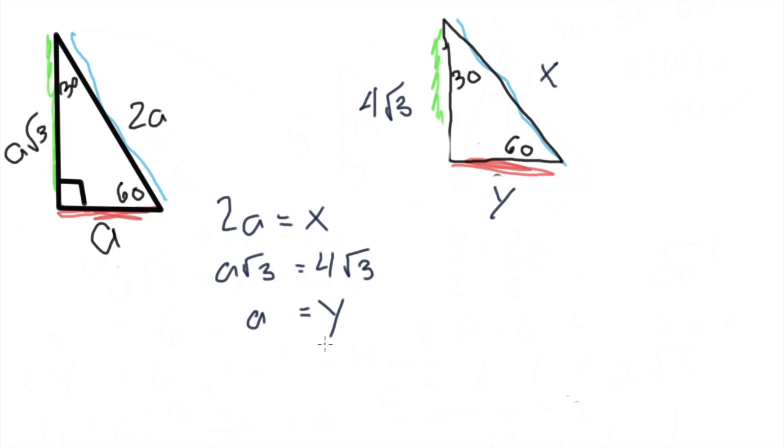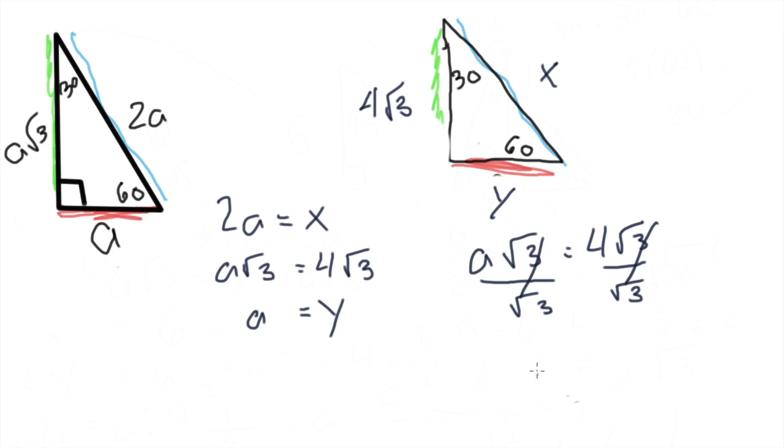So we're going to go to our equation that only has one variable in it, which is the middle one, and we're going to solve for a. So a root 3 equals 4 root 3. We're going to divide both sides by the square root of 3 to get a by itself. The square root of 3 is going to cancel out, and you get a is equal to 4.